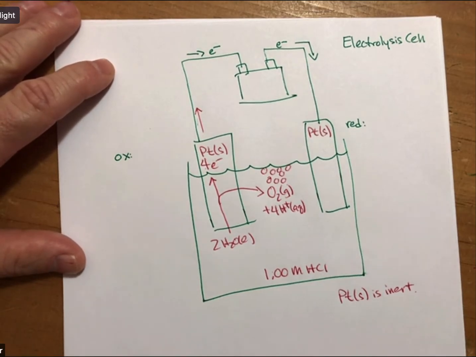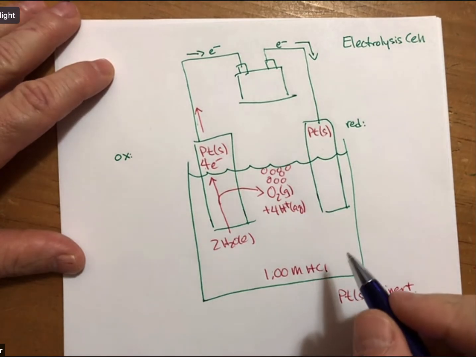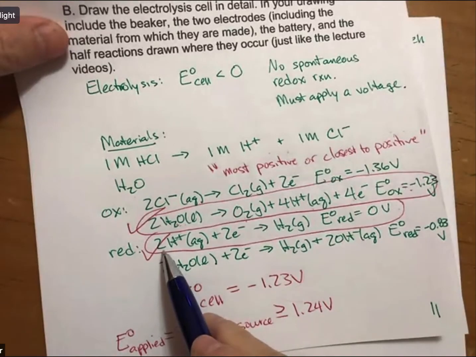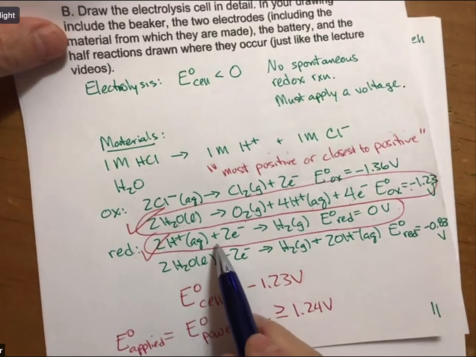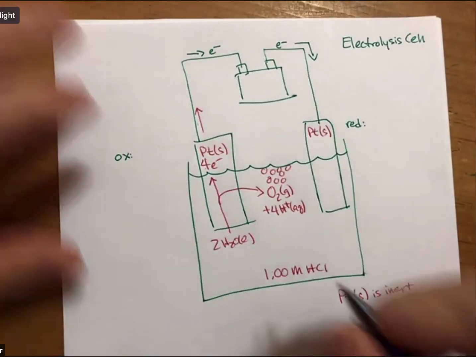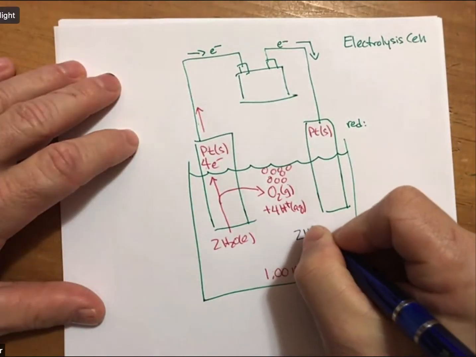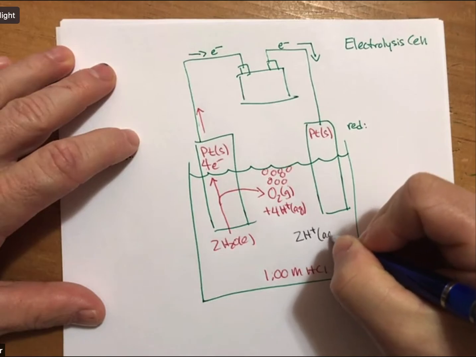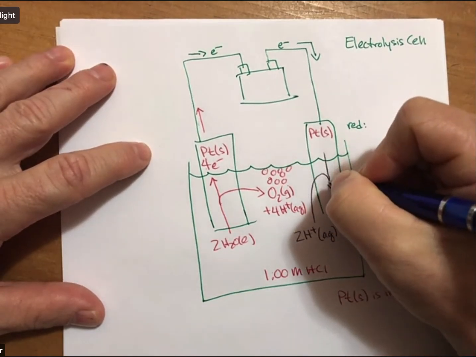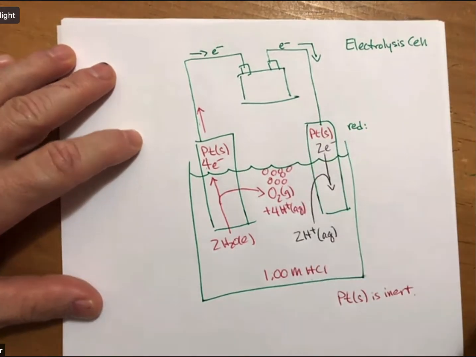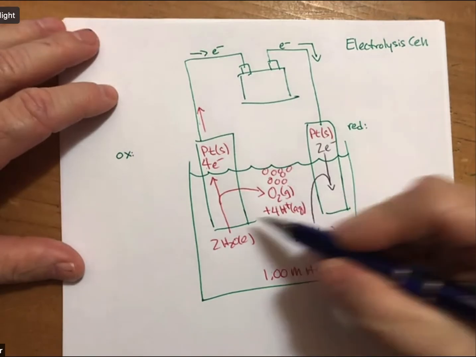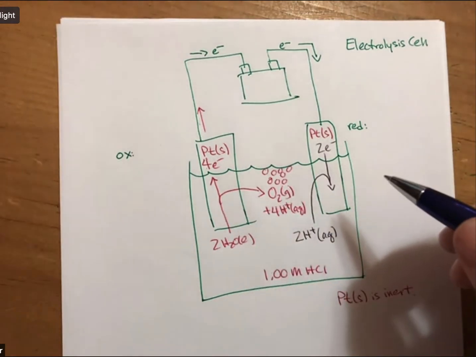Now I'm going to do one other color here for my other half reaction. In my other half reaction, 2 hydrogen ions are teaming up with 2 electrons to make hydrogen gas. Two hydrogen ions plus 2 electrons. And these arrows, by the way, same thing we did before.